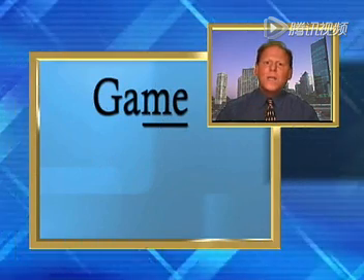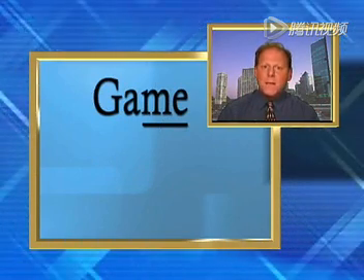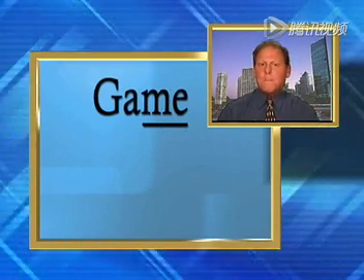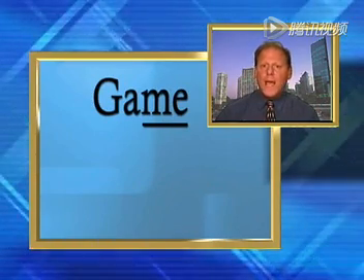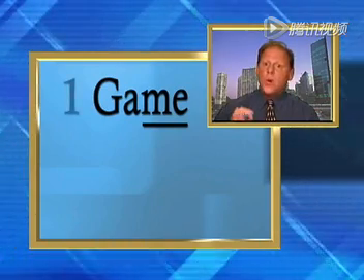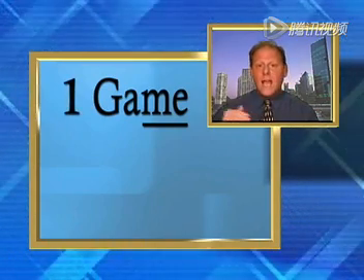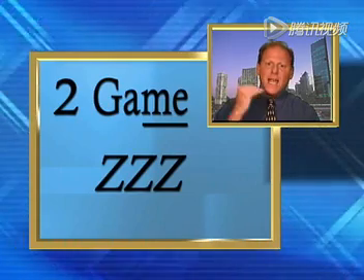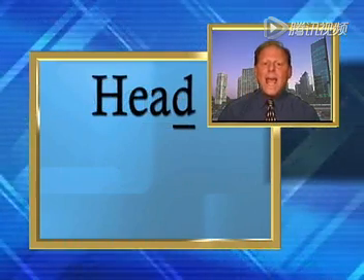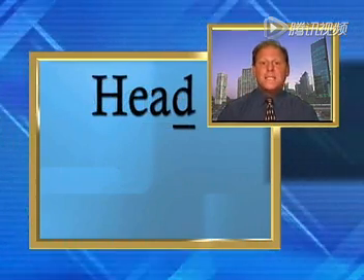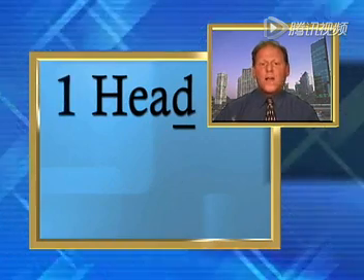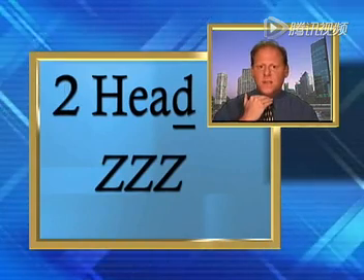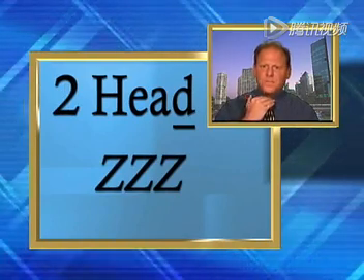Flies. The last sound you hear in the word game is the M sound, which is a voiced consonant. So because of that, when you add an S, the S should also be voiced. One game, two games. Now the word head ends with a voiced D. So we've got one head or two heads.